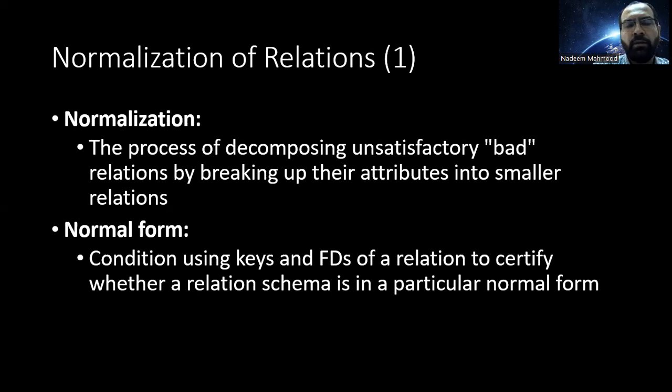And if it is not in a particular normal form, what we do is we break that relation into two or more relations, which are normalized relations. So there are certain conditions which are relevant to those normal forms.